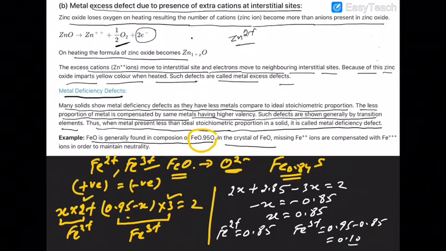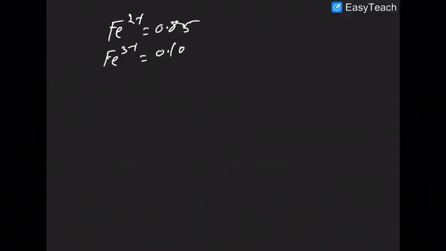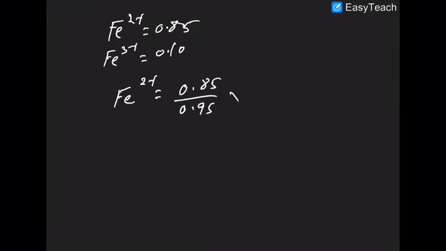So it means the percentage of these is different. Remember that if someone asks you what is the percentage of these two, how will you do it? You will write Fe2+ is 0.85 by 0.95 into 100. The percentage of Fe3+ is 0.1 by 0.95 into 100.